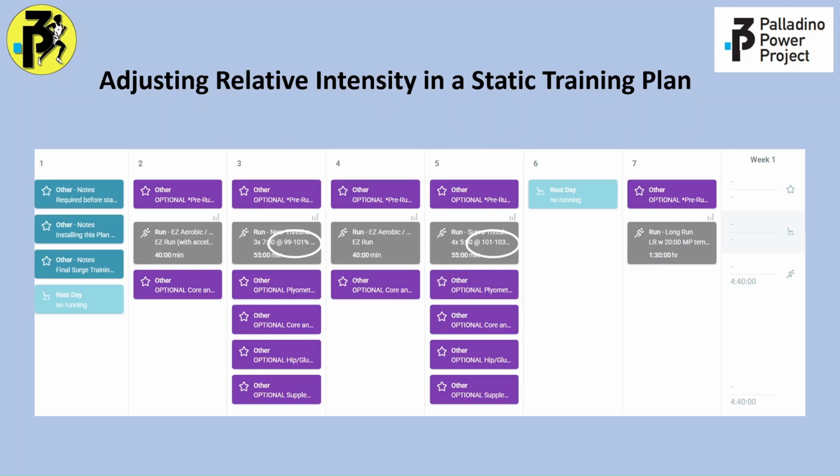That's how we adjust these targets. You can use the table, you can use the calculator, but if you're feeling that you want to go beyond what's recommended in the static plans, there are methodologies for doing so.